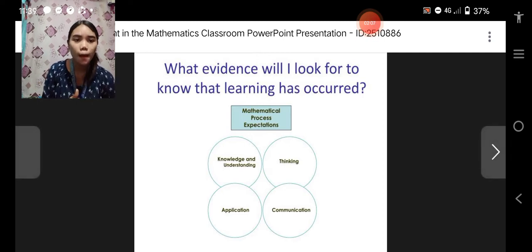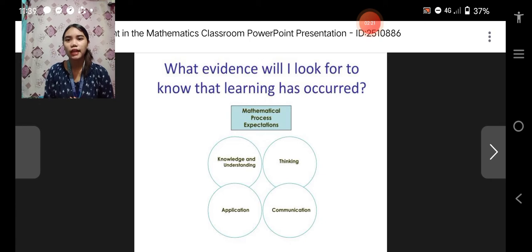So we also have the mathematical process expectations: knowledge and understanding, thinking, application, and communication. Learning occurs when we are able to gain a mental or physical grasp of a subject, make sense of a subject, event, or feeling by interpreting it into our own words or actions, and use our newly acquired ability or knowledge in conjunction with skills and understanding we already possess.